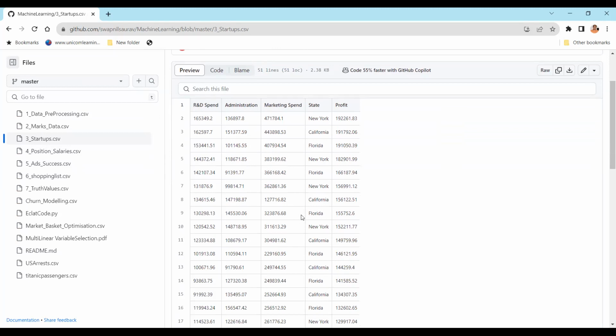What costs are incurred by the company and what profit they have gained? Expenditure, and regarding state, on which state how much we are spending and how much profit we are getting.